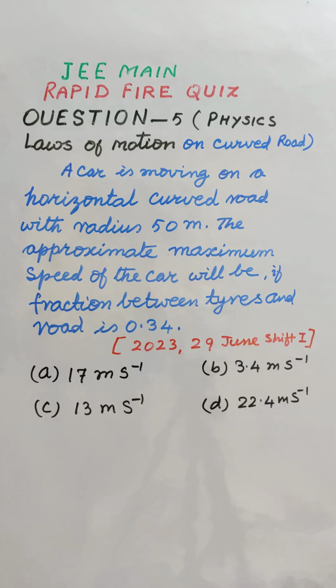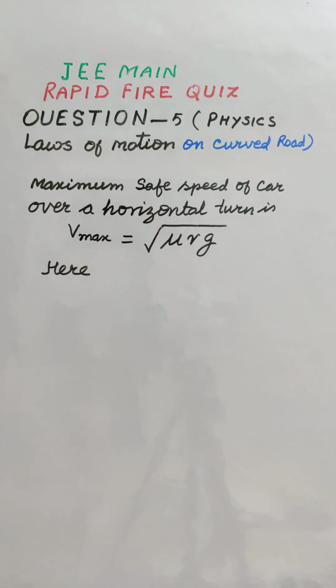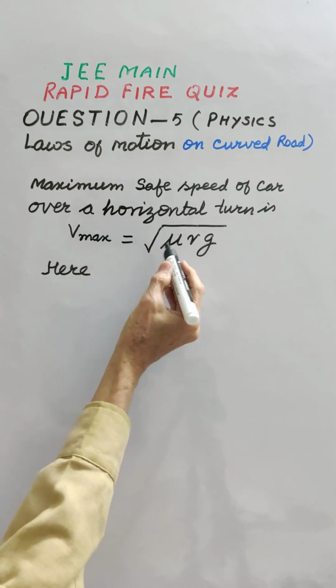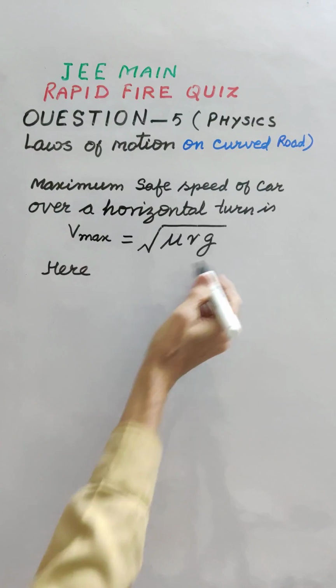Your time starts. Your time is up. 1, 2, 3, 4. The correct option is 13 meter per second. The safe speed of the car over the horizontal turn is 13 meter per second. I will tell you how it is. Maximum safe speed of a car over a horizontal turn is V maximum equal to square root of mu r g.